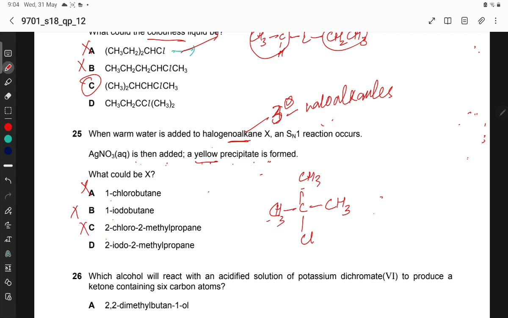This is also incorrect because with chlorine, when silver nitrate is added, a white precipitate is formed.